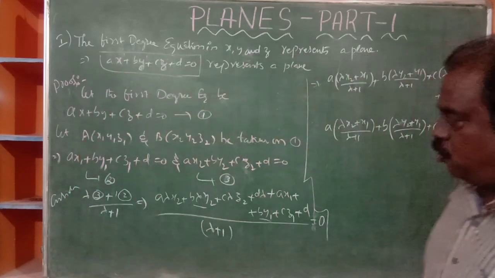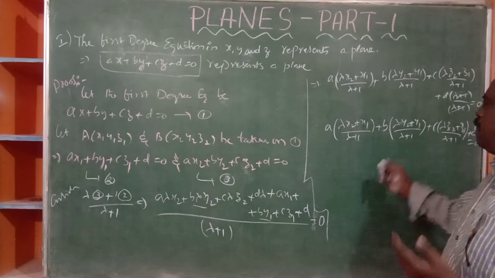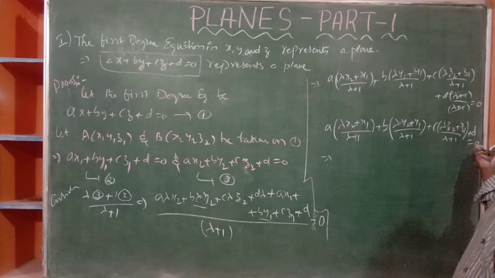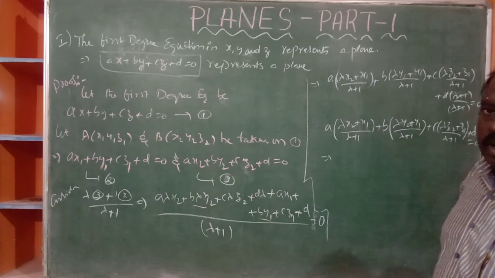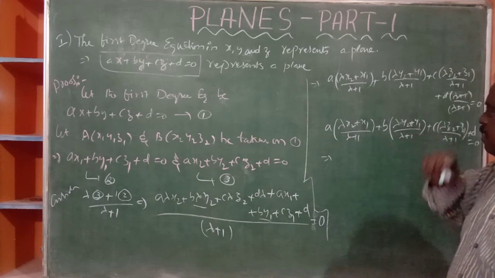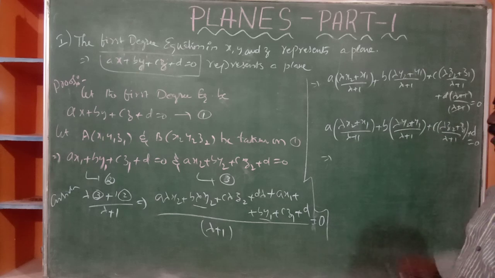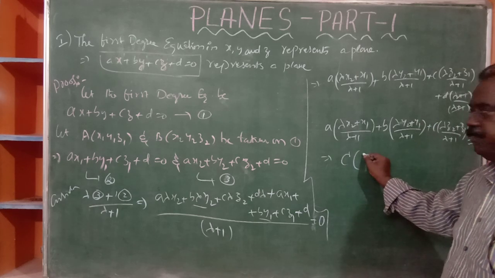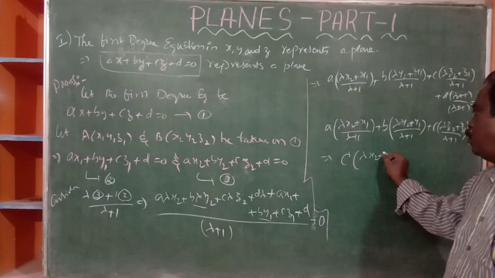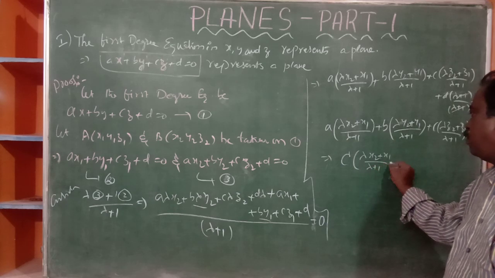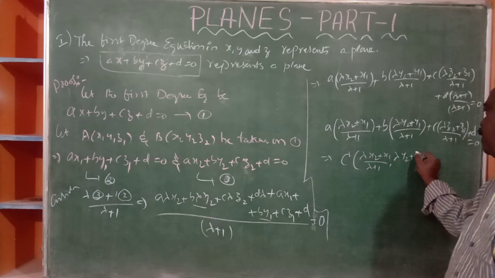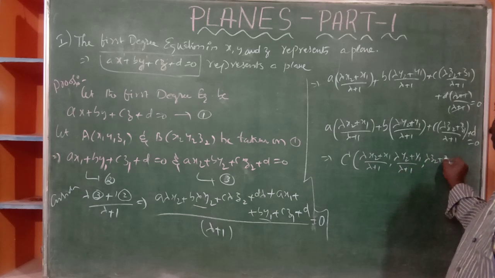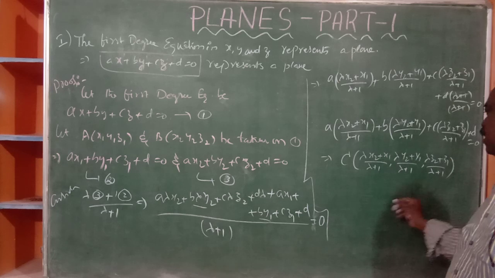Then we get, by observing the above equation, it is one equation equal to 0. If you observe that, there is a point C. C is equal to (lambda x2 plus x1)/(lambda plus 1), (lambda y2 plus y1)/(lambda plus 1), (lambda z2 plus z1)/(lambda plus 1).